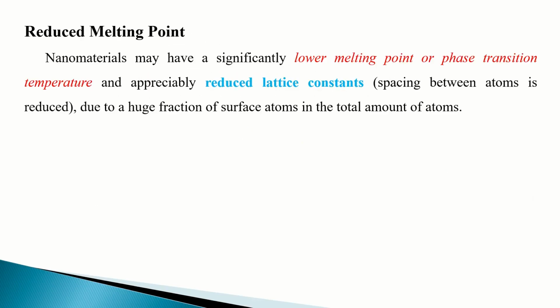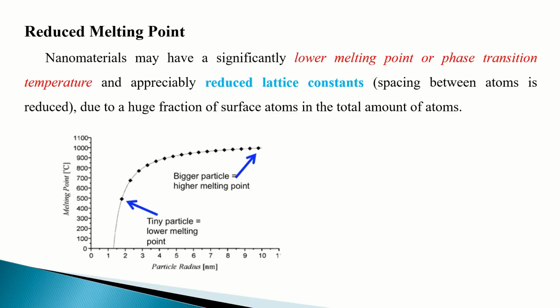Let's see few properties of nanomaterials, how they are different from the macromolecules. The first one, we are looking at the melting point and the lattice constant. Reduced melting point, which means when you compare a bulky material with a nanomaterial, the melting point will be reduced. This is because you don't have intermolecular force between the molecules.